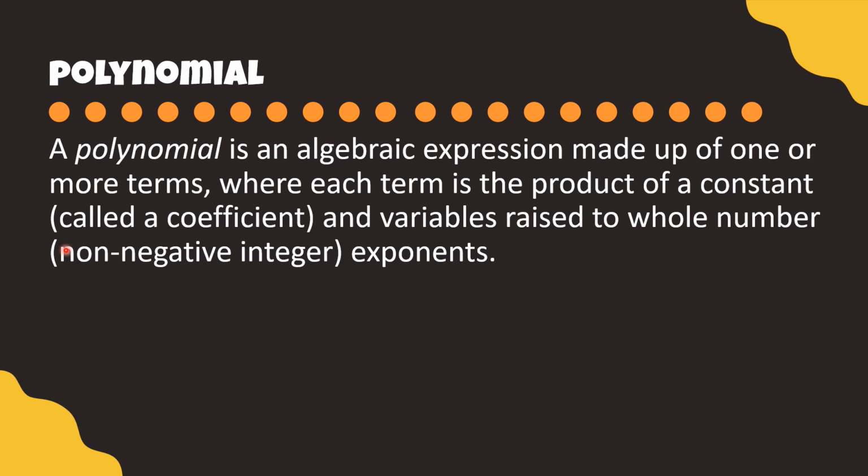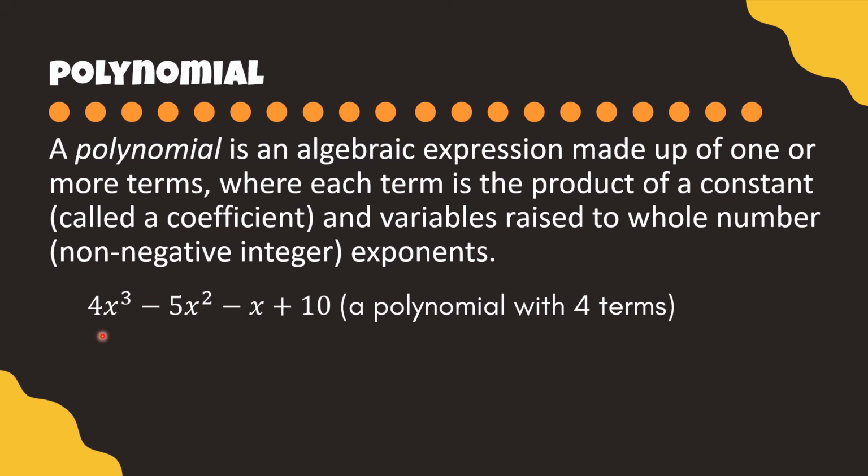Polynomial. A polynomial is an algebraic expression made up of one or more terms, where each term is the product of a constant we call a coefficient and variables raised to whole number or non-negative integer exponents. For example, 4x cubed minus 5x squared minus x plus 10.